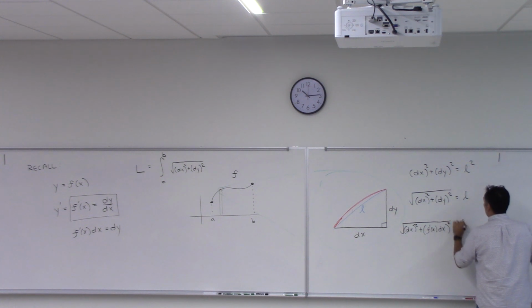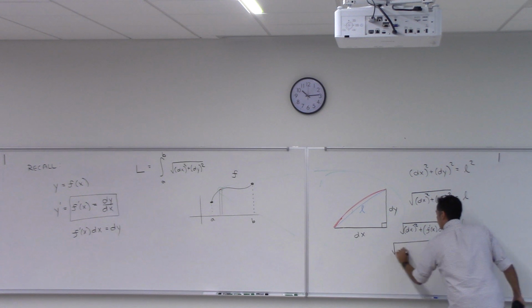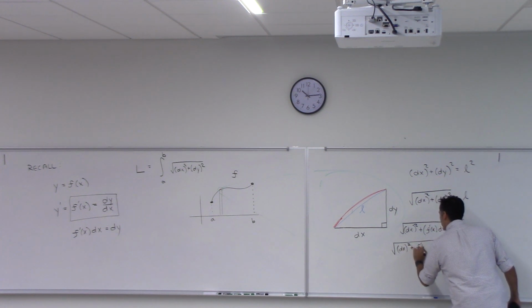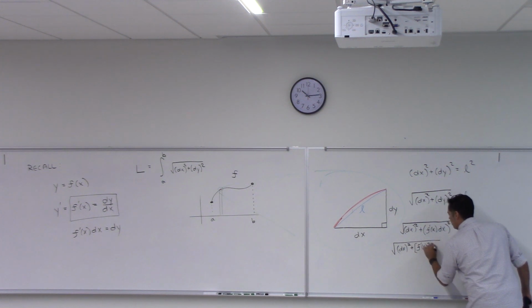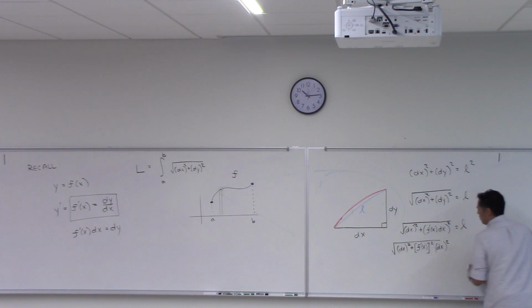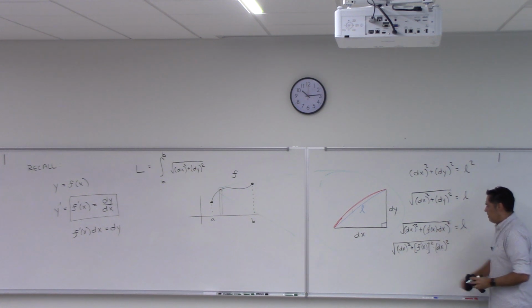That's little l. And that's the same as the square root of dx squared plus [f prime of x] squared, times dx squared. I'm just squaring because there's multiplication between these, so I square each one of them.